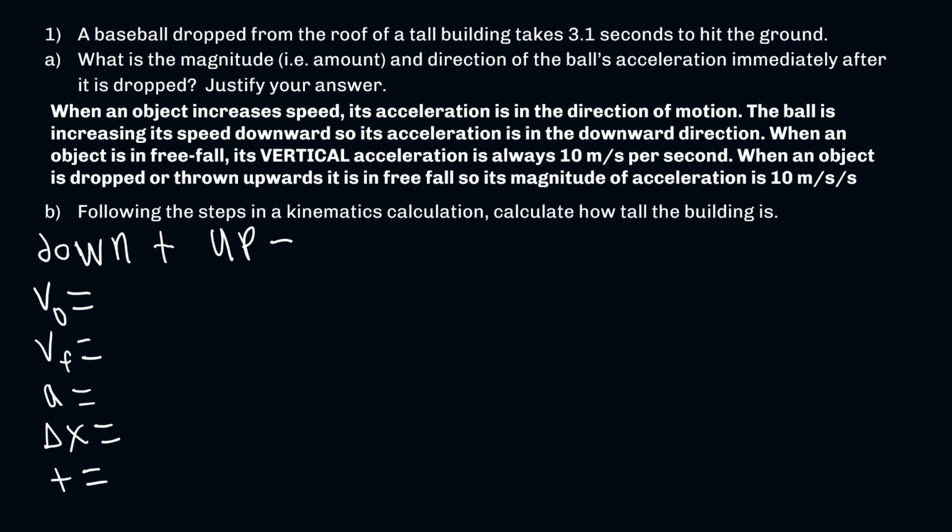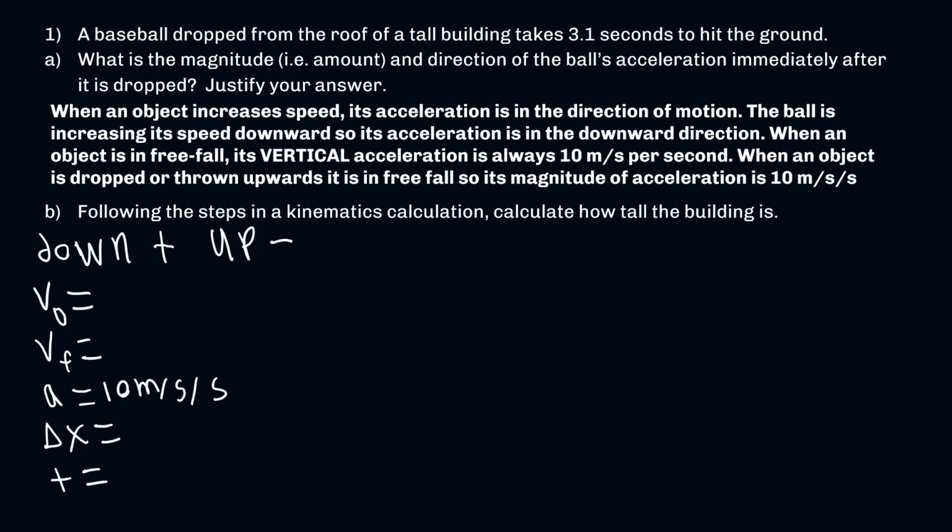The first thing I'm always going to have when an object is in free fall is my acceleration, which is 10 meters per second squared. Since I made down positive, I can just write this as positive 10 meters per second squared. What else do I have here? It says the ball is dropped from the roof. When something is dropped, it starts from rest.